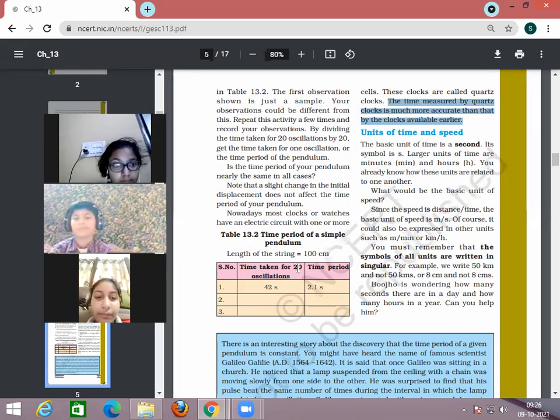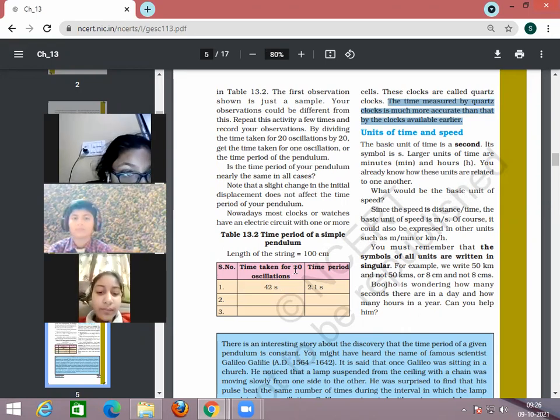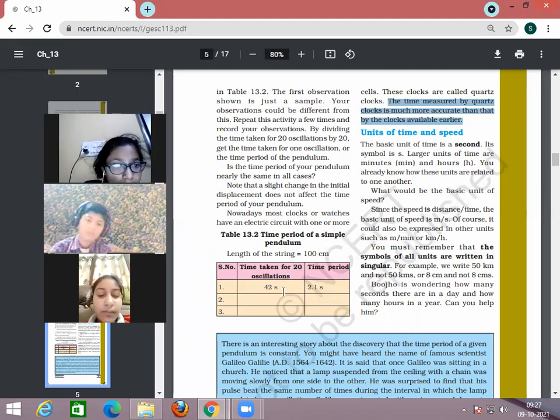Suppose a pendulum has completed 20 oscillations in 42 seconds. Number of oscillations is 20 and time is 42. Then how can we calculate the time period? That is 42 divided by 20. If you divide it, then your answer will be 2.1.